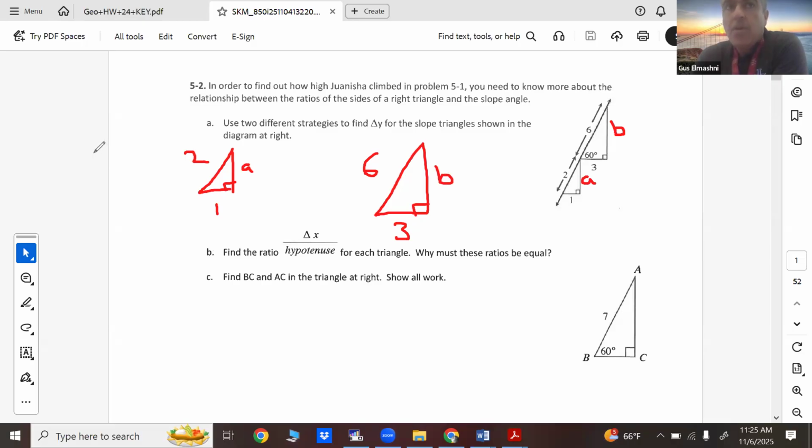What was that? No, theorem. A squared plus b squared equals c squared. Good. Yep, good. You got it. A squared plus 1 squared equals 2 squared. A squared equals 3, so A is root 3, correct.